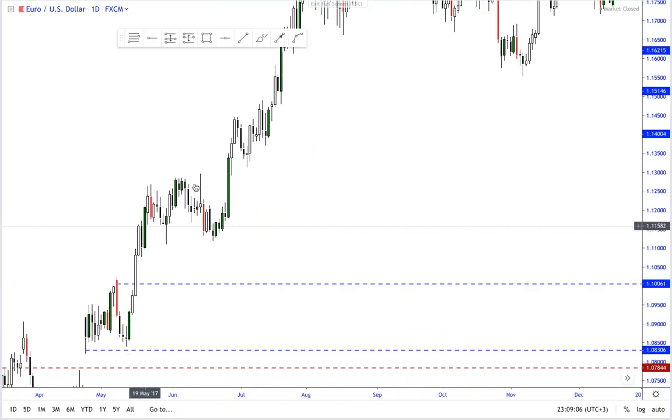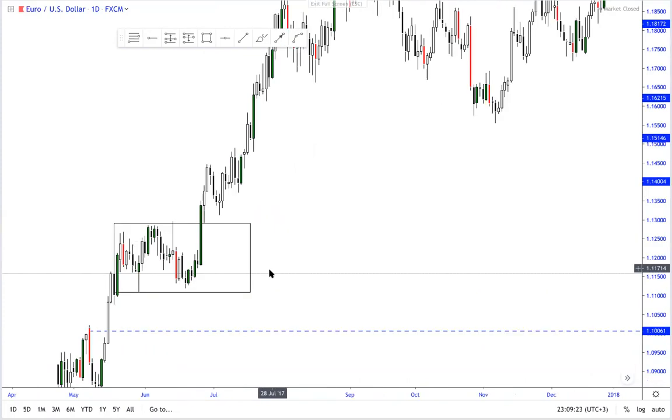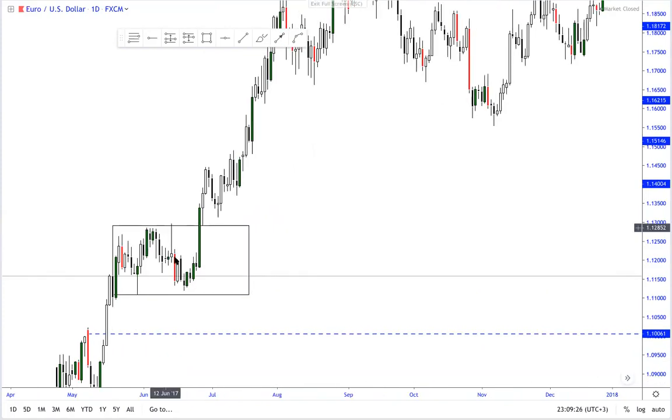Then there was some sort of consolidation that took many days, and then price rose up again. The rising of the price here and the break of this zone clearly shows that the price was intending to go up, but there was too much trading in this zone. That means we are interested in this level.